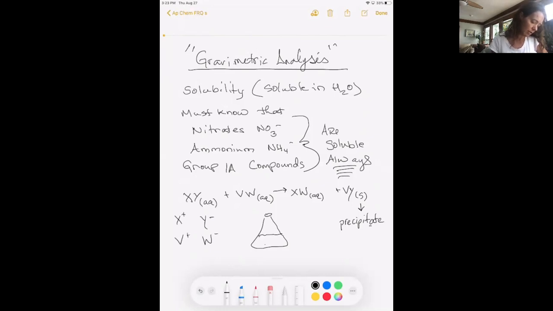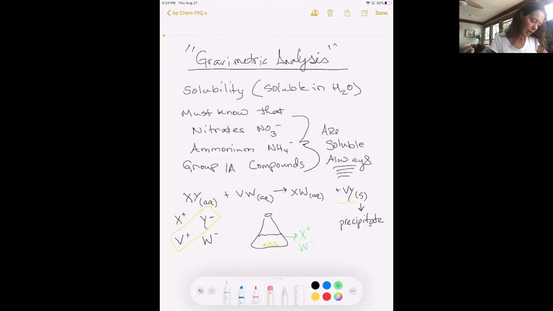And we see that V and Y, these two ions, form an insoluble salt, okay? So that insoluble salt forms at the bottom of our solution. And what we have going on in here, I just want a different color. What we have going on in here are some of our X ions, some of our W ions.